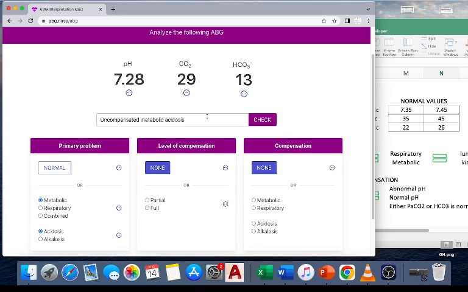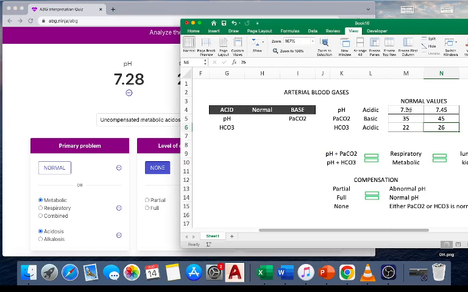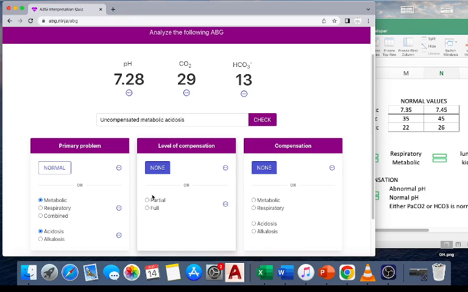Next we proceed to whether it's partial or full. The only time we would answer full is if the pH is within normal limits, 7.35 to 7.45, and since it's 7.28, below the normal values, we would answer partial.